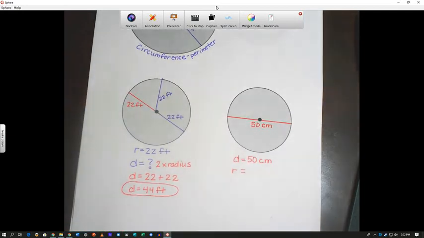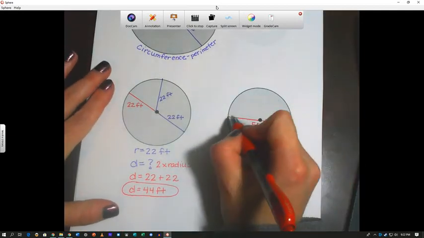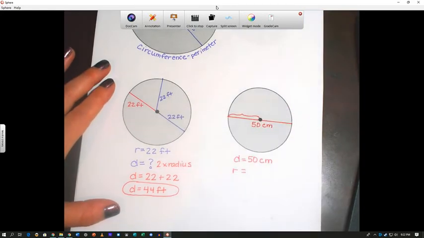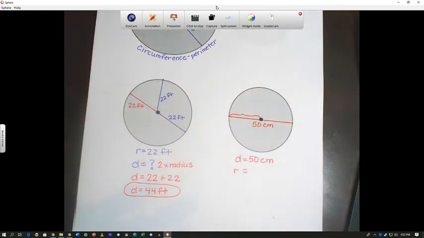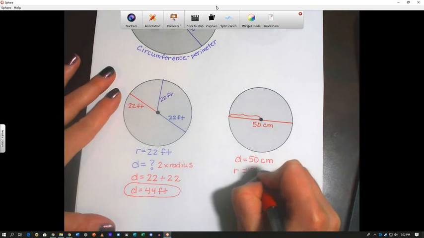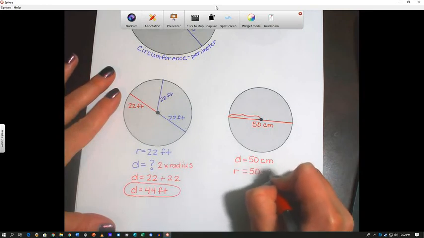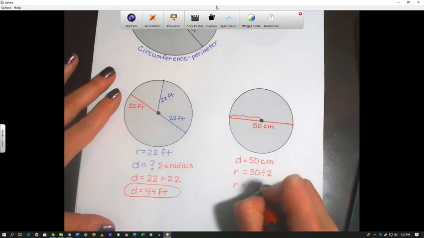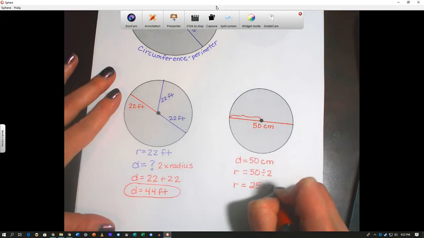So the radius only goes from this point to the center. And each of the radii have to be the same length. So to find that, we're going to take 50, the diameter, and divide it by 2. Cut it in half. And so my radius is equal to 25 centimeters.